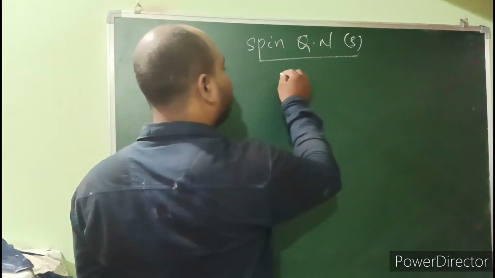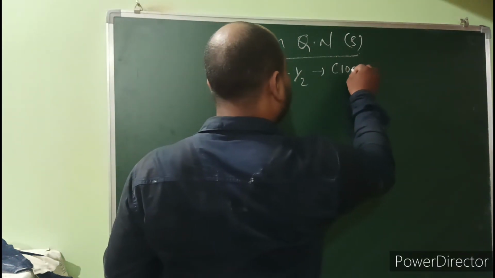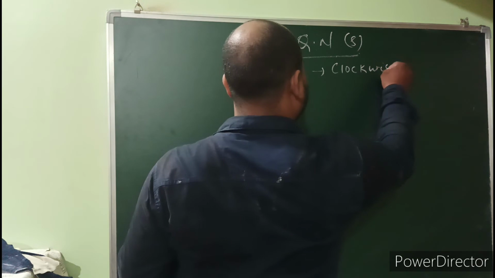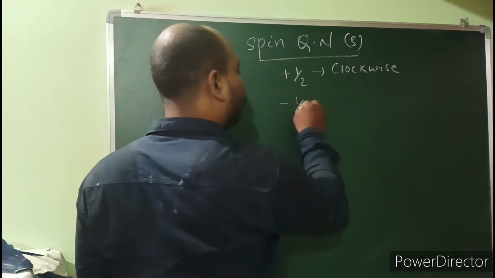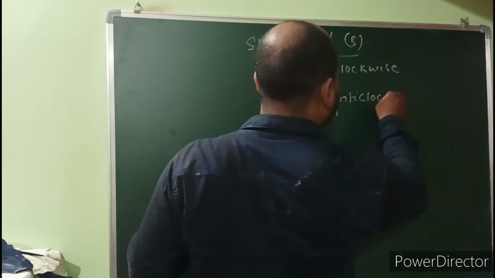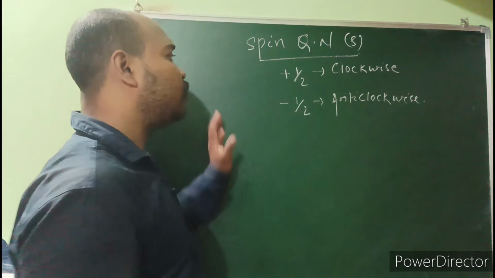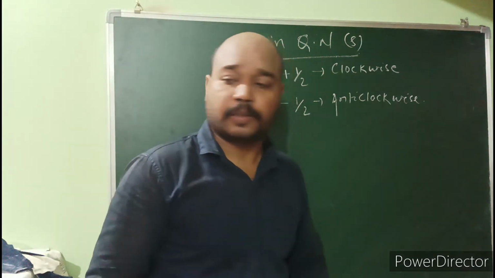That's why it is considered as plus half for clockwise rotation and minus half for anti-clockwise rotation. This is all about the spin quantum number.